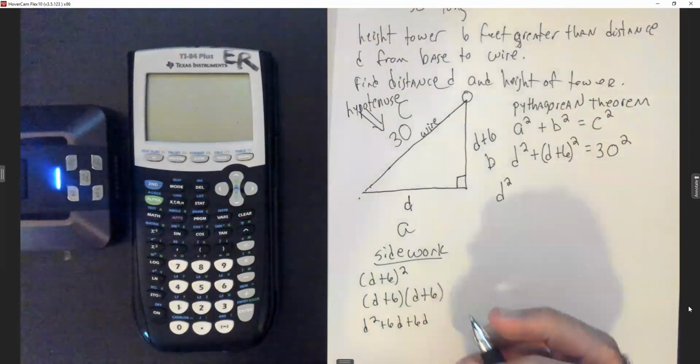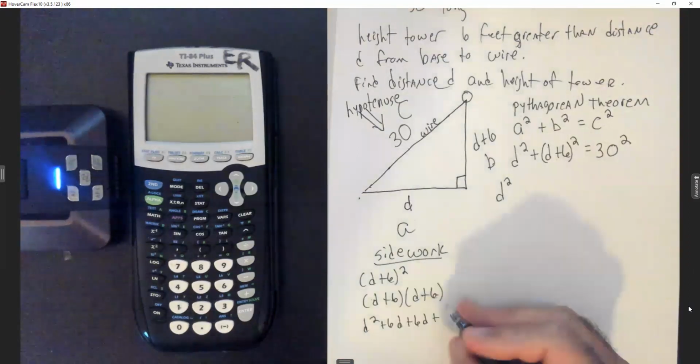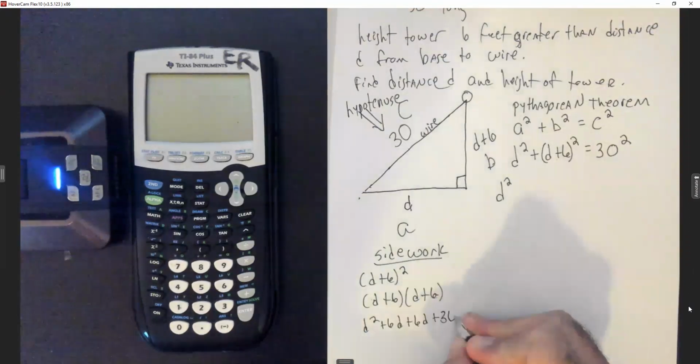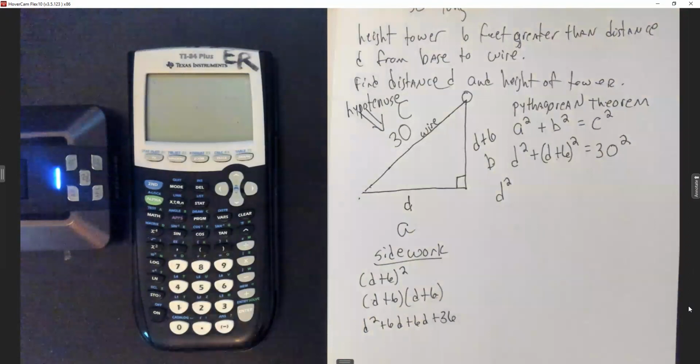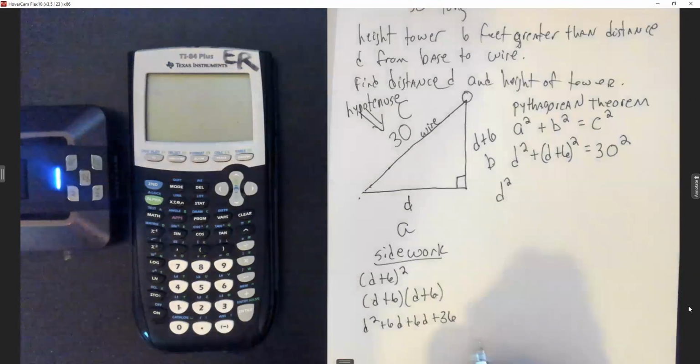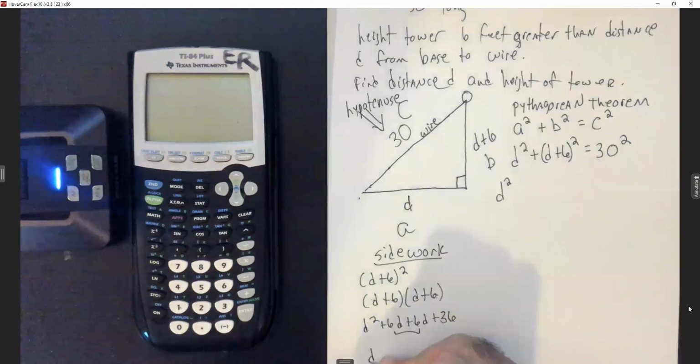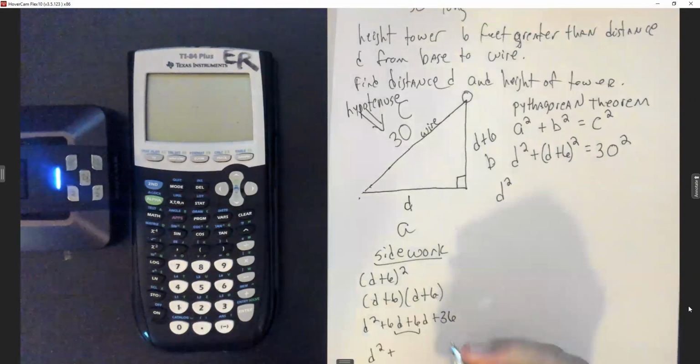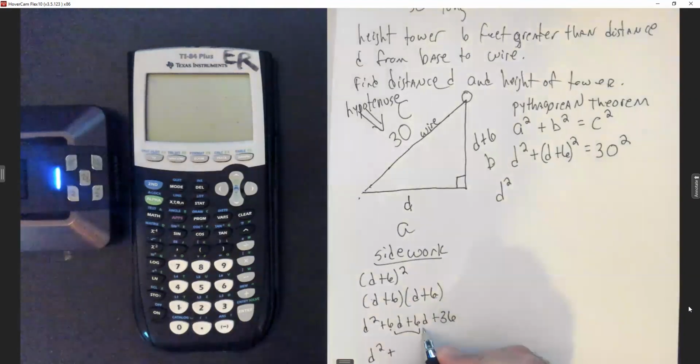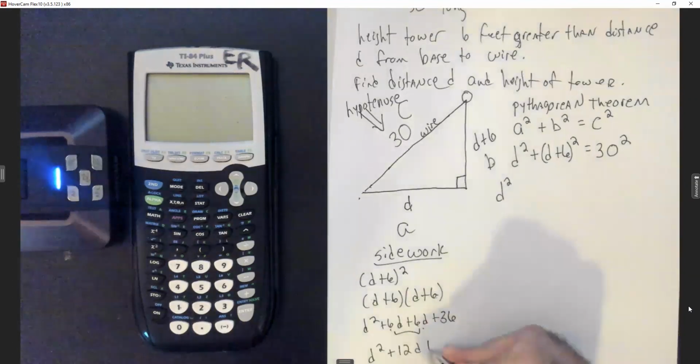And then at the end, 6 times 6 is 36. When you square a binomial like this, the middle two terms will always match, and then you add them together so that you get your D squared. 6D plus 6D is 12D plus 36.